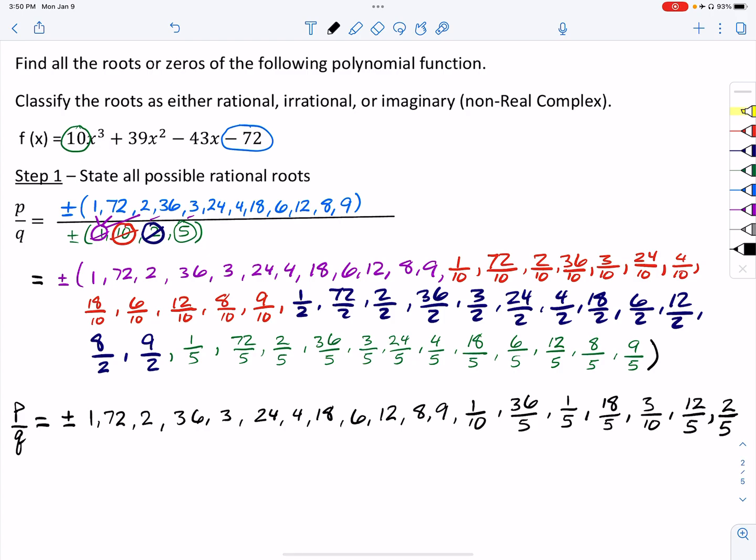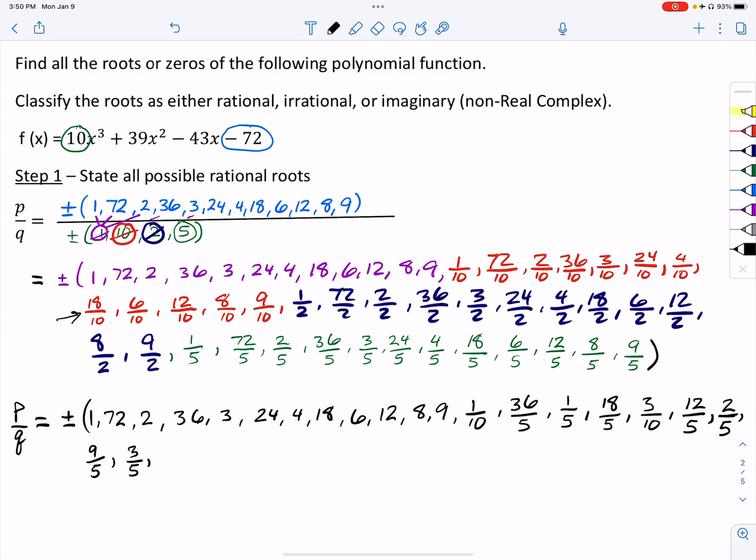The farther you work through a list this big, the more frequent you'll run into repetition. All right, so I'm over here now. 18 tenths would be 9 fifths. Haven't had one of those yet, so 9 fifths. Distributing this plus or minus saved me quite a bit of writing. 6 tenths will be 3 fifths.